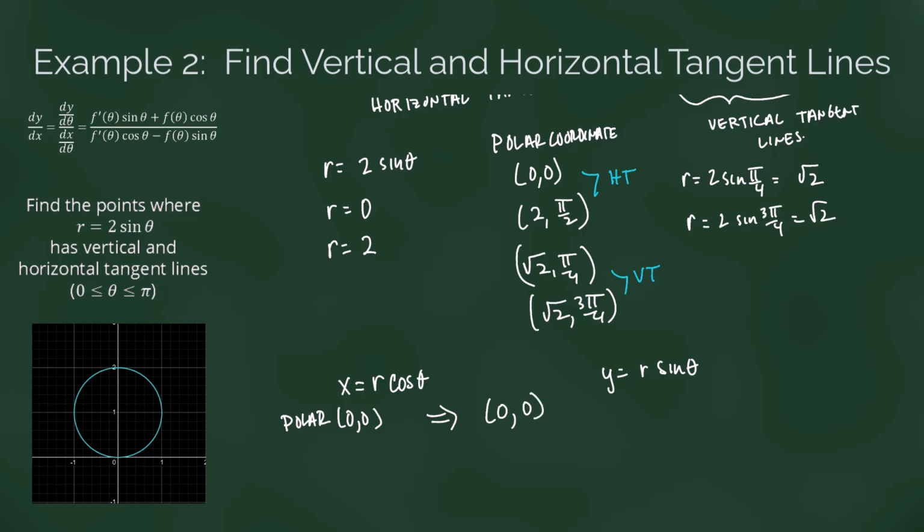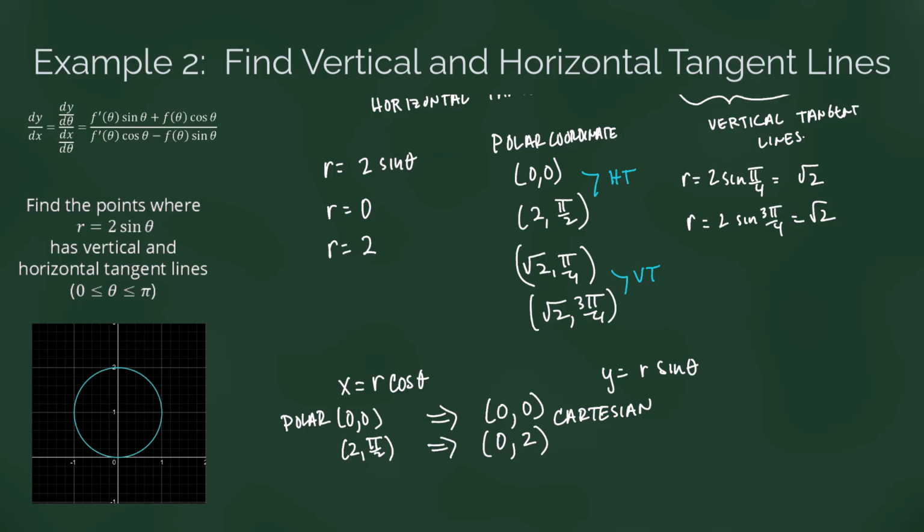Well, that's 0, and 0 times the sine of 0. So that one's still 0. The point (2, pi over 2) is going to translate to x will be 2 times the cosine of pi over 2, which is 0. And y is going to be 2 times the sine of pi over 2, which is 2.